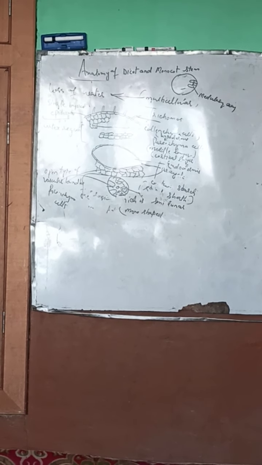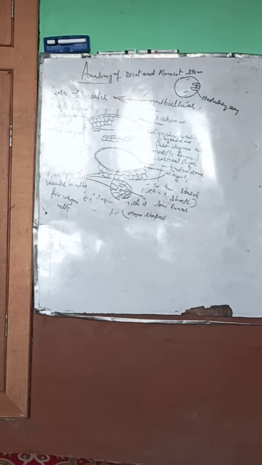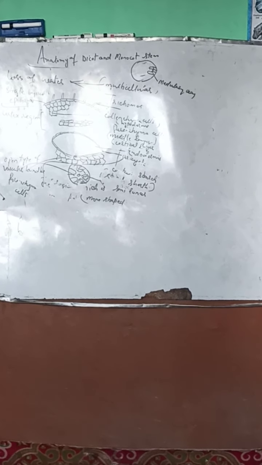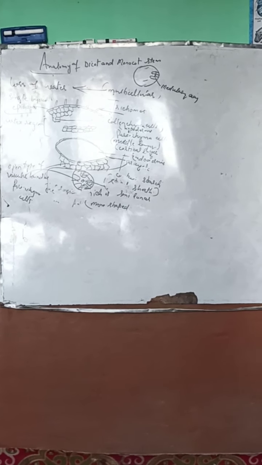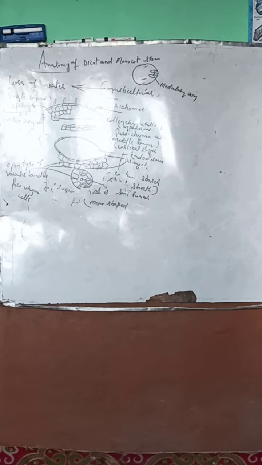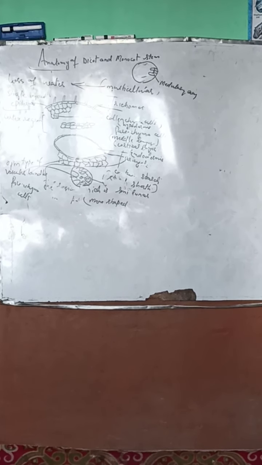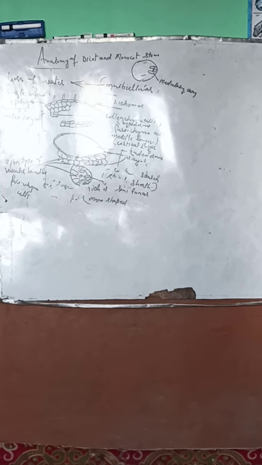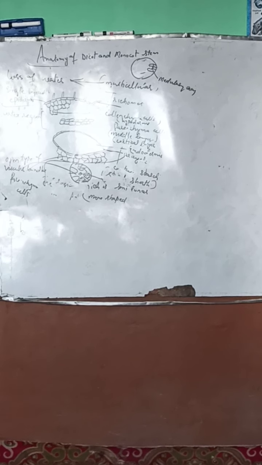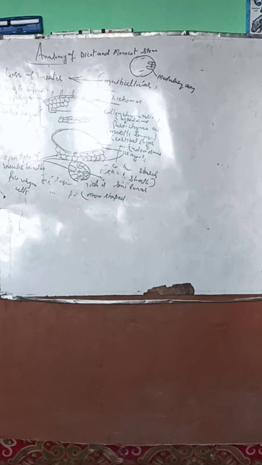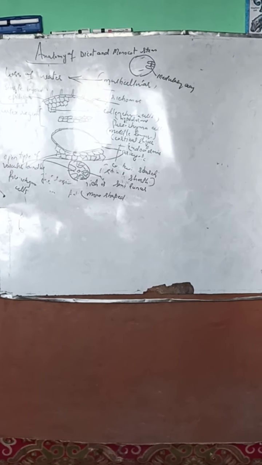Then the third layer of the cortex region is called the endodermis. Just inside the endodermis are certain specialized structures which can be of sclerenchyma, having a semilunar arrangement, moon shaped, which I have told you. This region is called the pericycle.